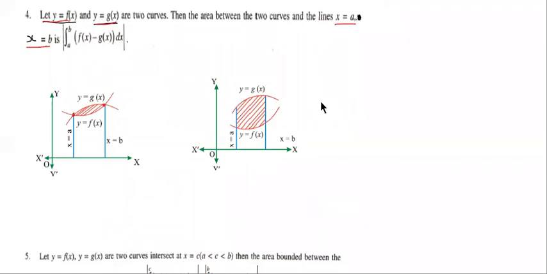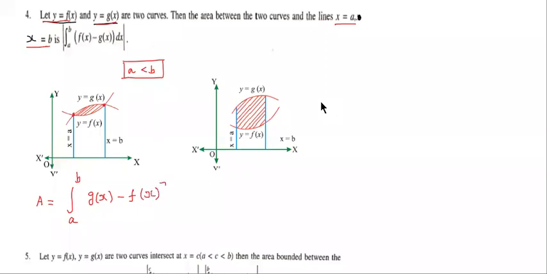Now, how to write the required area in definite integration form? See, integration a to b. Here, a is less than b only. Remember it. Integration a to b, first write the upper curve minus the lower curve.